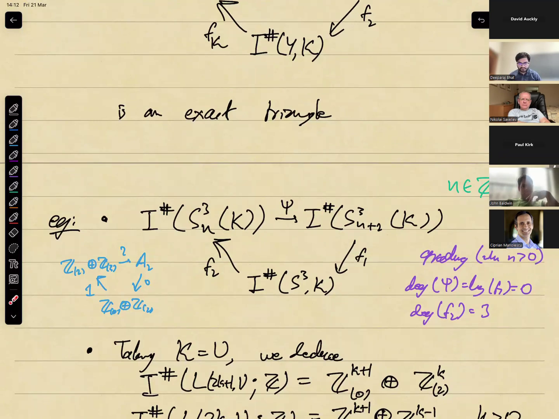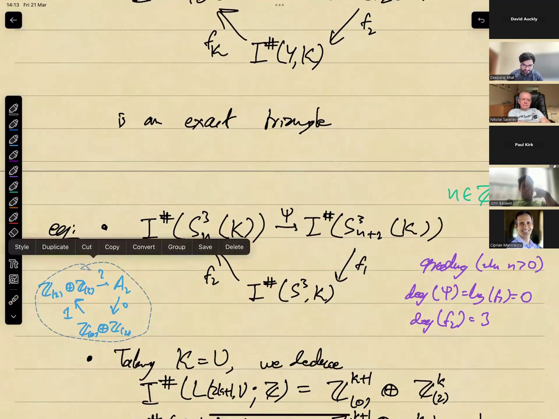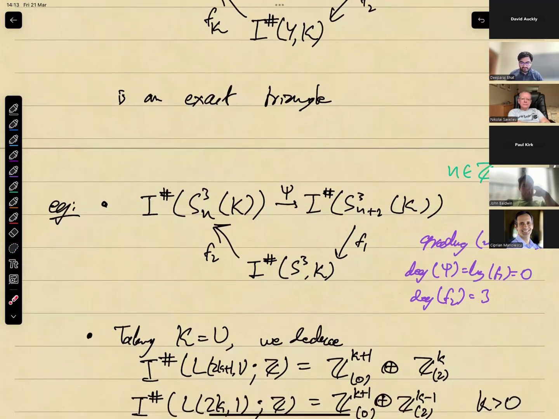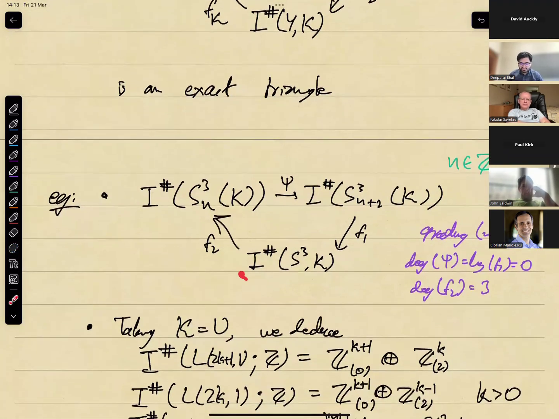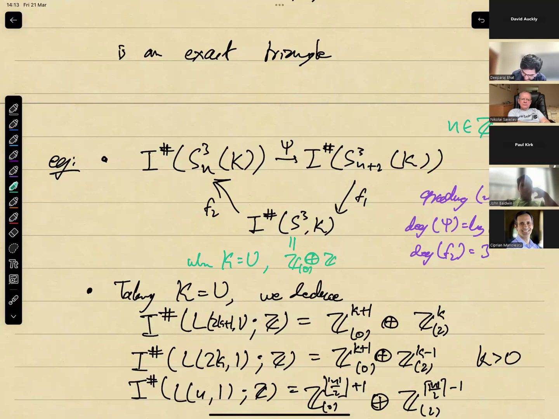And so one can look at this and compute it when K equals the unknot, and this is just Z direct sum Z in grading 0 mod 4.